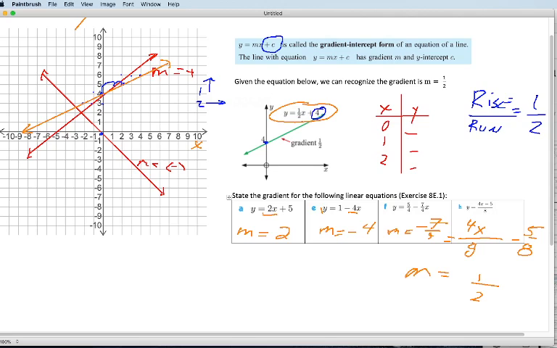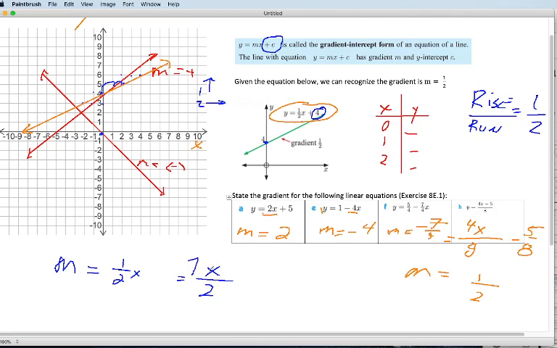Now be careful. I know people are going to get this mixed up. If I have a gradient of 1/2 and the x is here, it's obvious that the number in front of the x is 1/2. But I can also write this as x/2. And you're wondering, what's the gradient? Well, it's not 2 because there's this hidden 1 in front, right?